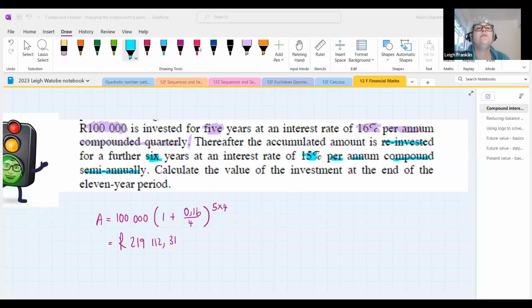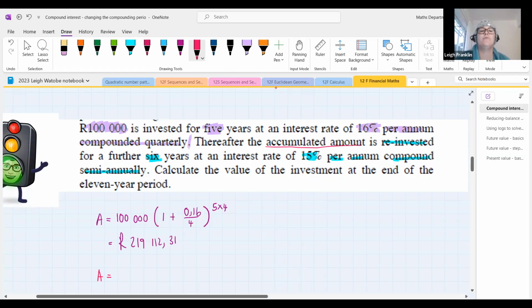So what am I going to do again? I want to calculate the accumulated amount. What am I going to use as my p-value? Because remember, I'm taking my accumulated amount and I'm reinvesting it. So what's my p?